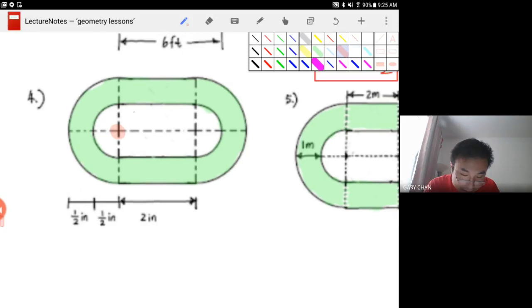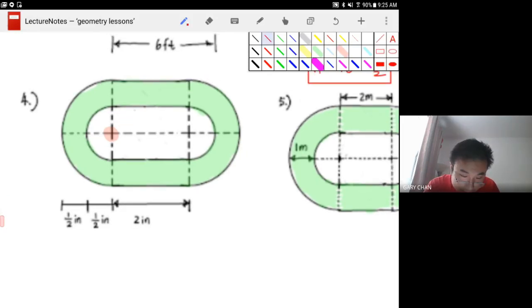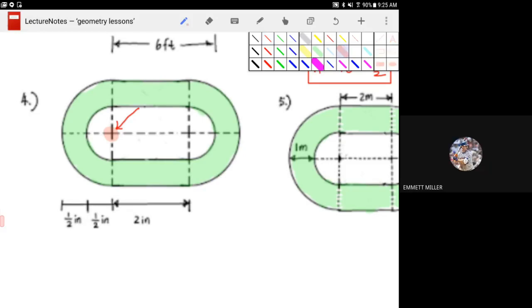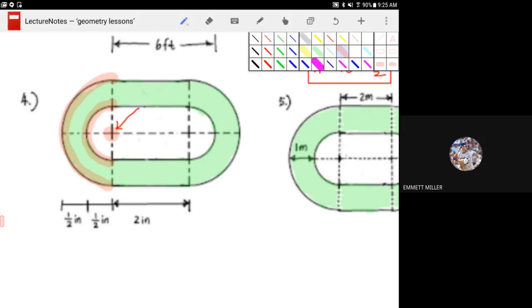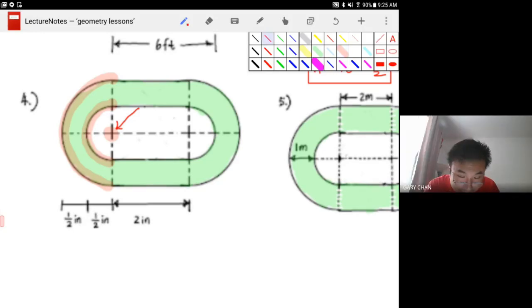The location of this point is significant because it happens to be the center of multiple circles, of both of these. Everyone follow that? This point is the center of the semicircle over here as well.